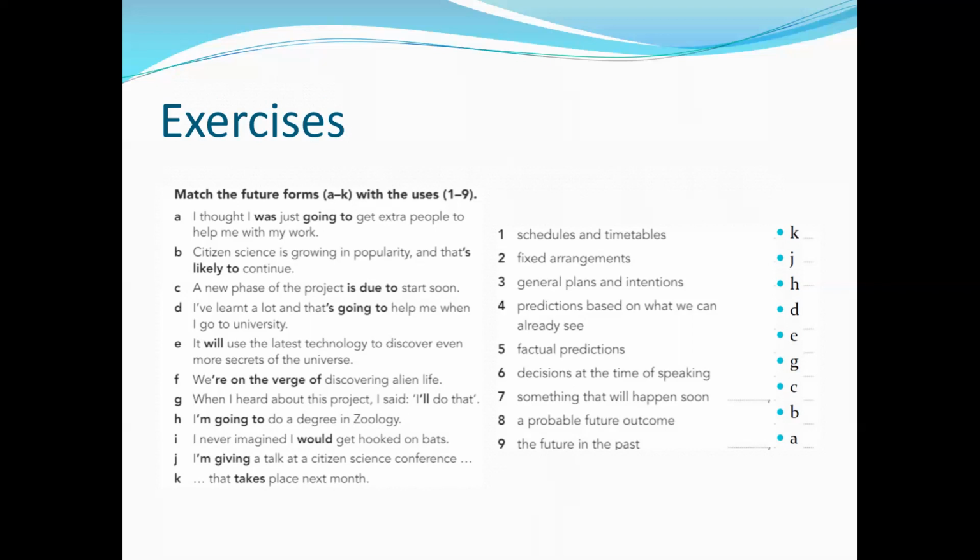A probable future outcome is letter B. Citizen science is growing in popularity and that is likely to continue. And the last one, the future in the past: I thought I was just going to get extra people to help me with my work.